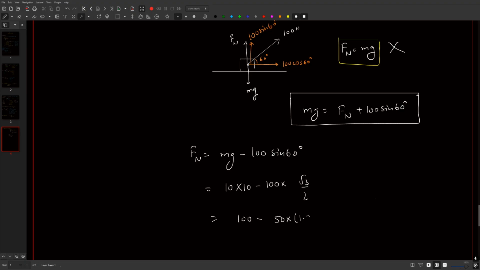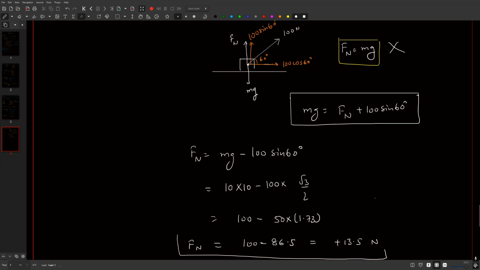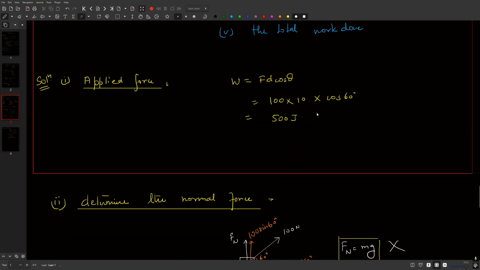Root 3 is 1.73, so the value you will get will probably come around 100 minus 86.5. This will be 13.5 newtons. This is the normal force. Okay, so that is the answer for the second part.